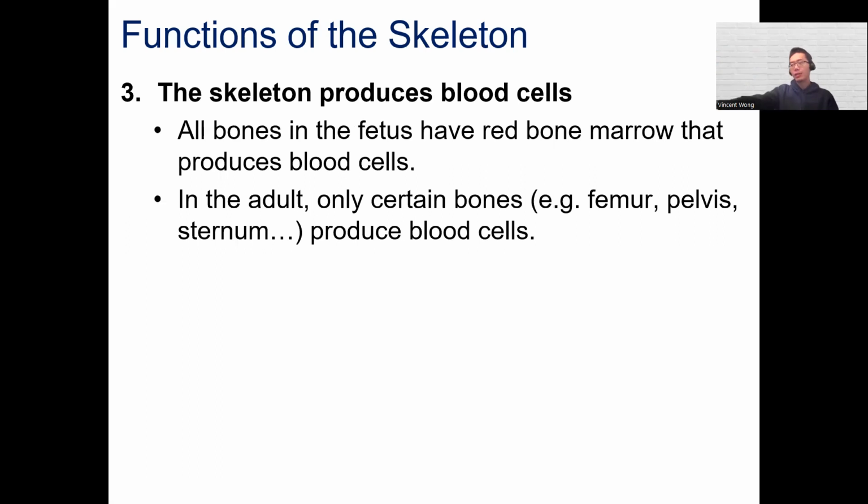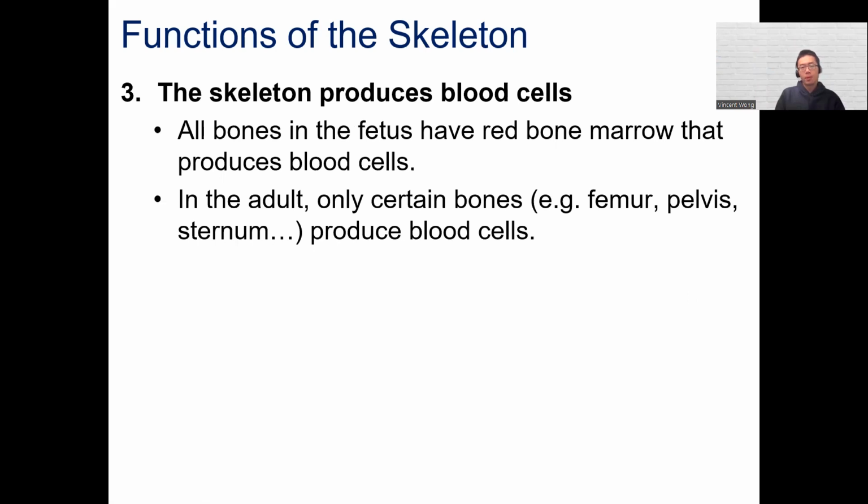Again, way back in lecture 2, we learned about hematopoiesis, right? The production of new blood cells that happens in the bone marrow. So in certain bones, the inside of certain bones are these active bone marrow, and that's where you will find these stem cells, which would continuously produce red blood cells.